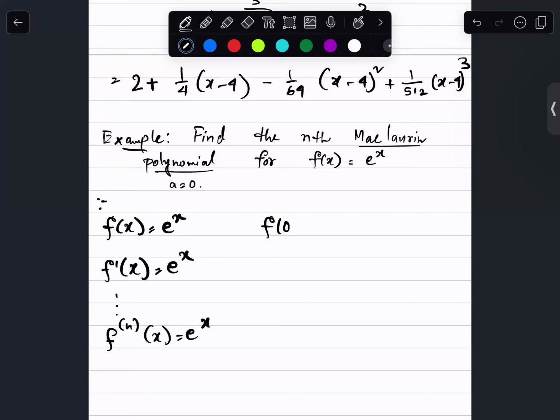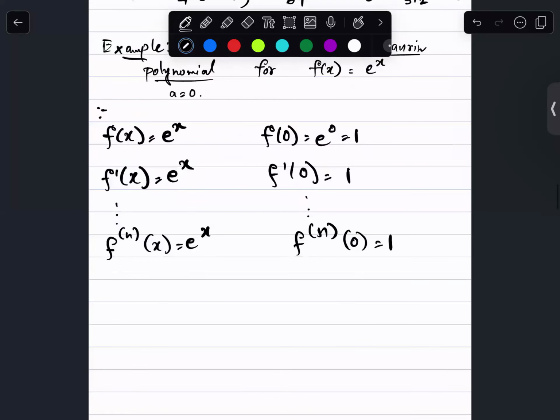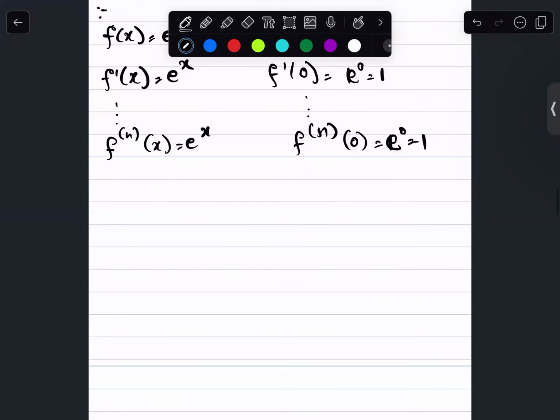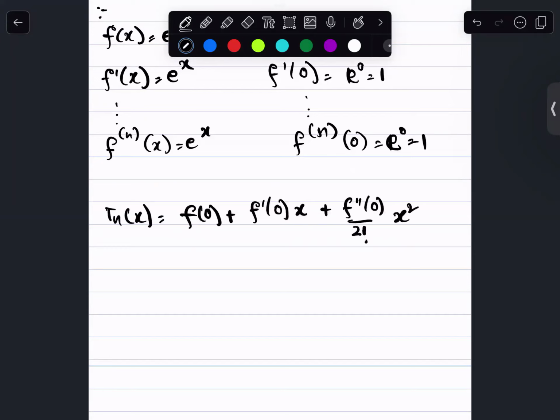So f of 0 will be e to the 0, which is 1. F prime of 0 will be again 1, and so on. The nth derivative at 0 will be again 1. All of these are e to the 0, so 1. Okay, so T_n(x), if I use the formula, will be f(0) plus f prime(0) times x plus f double prime(0) over 2 factorial x squared plus so on, f nth derivative at 0 times x to the n over n factorial.